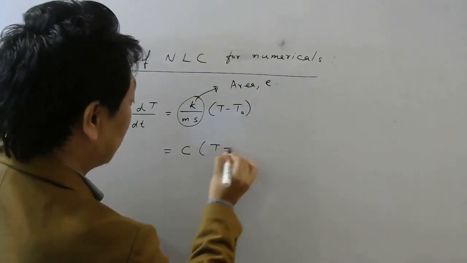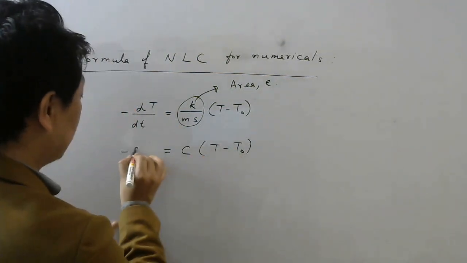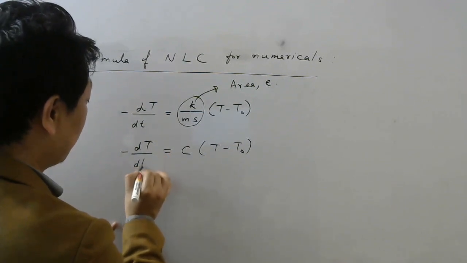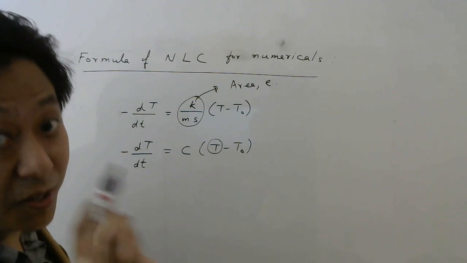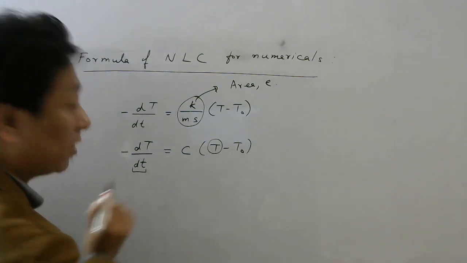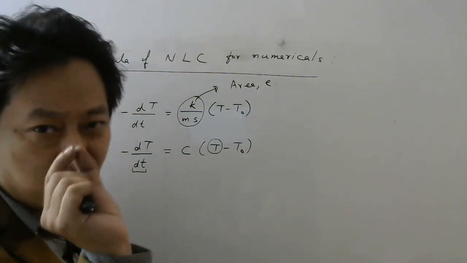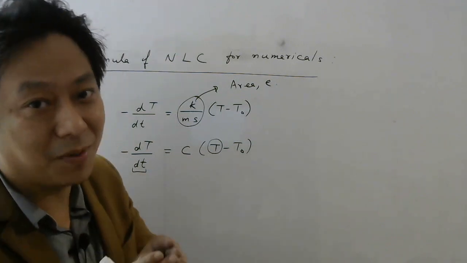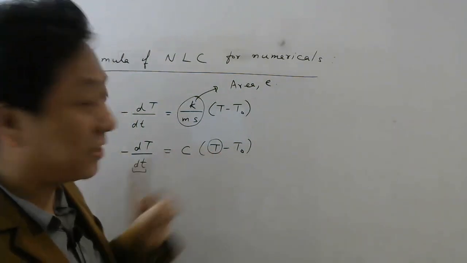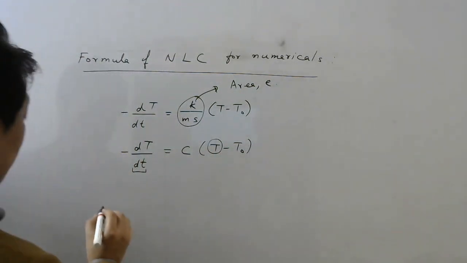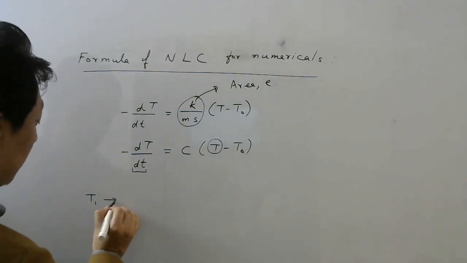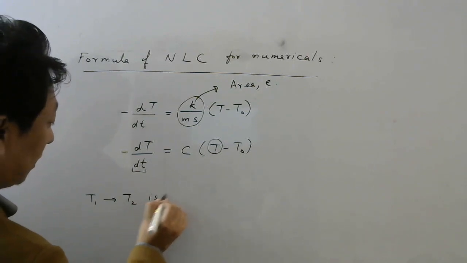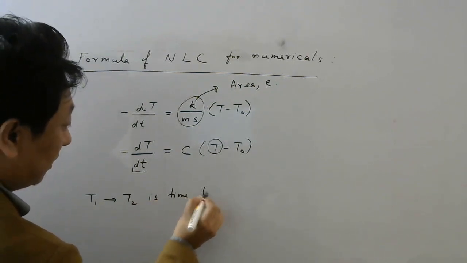Okay, so minus dT by dt equals C (T minus T naught). Now, this T represents what? Temperature of the body during this small interval. Now this interval is so small that you can assume the temperature to be one temperature T. But if, let us say, I say temperature of the body decreases from T1 to T2 in time t.